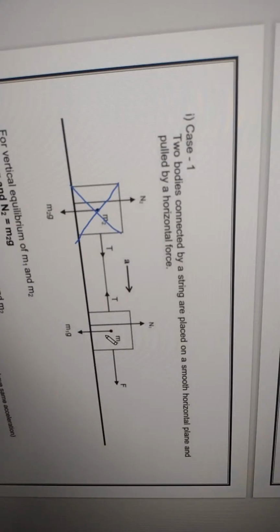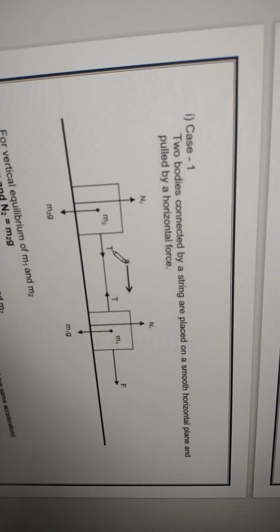Here also the center is there, same thing. We have two tensions, one from left to right and one from right to left.